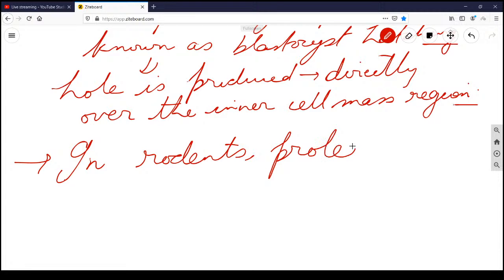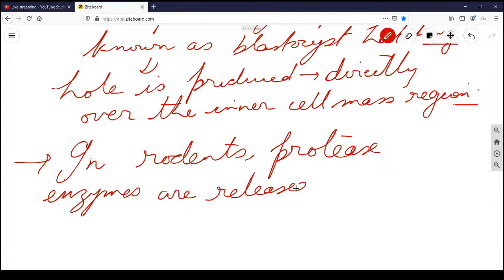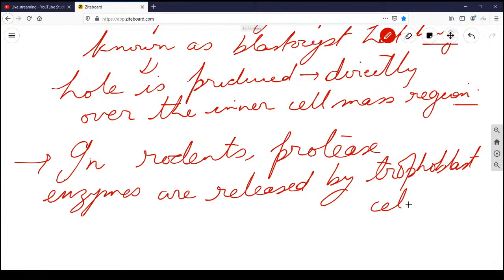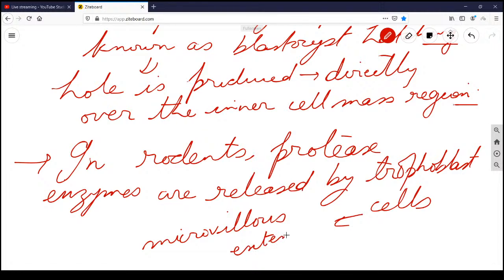The protease enzymes are released by the microvillus extensions of trophoblast cells. So that is what has been seen to happen in case of rodents.